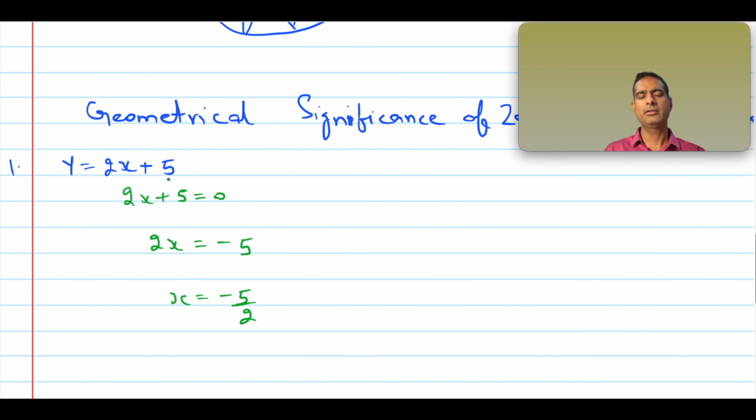So we saw that the graph of y is equal to 2x plus 5 is crossing x-axis at the 0 of that linear polynomial, and we know that its graph is a straight line, and a straight line can cross another straight line at only one given point. So we know that a linear polynomial can have at most one 0, and that point will be the point at which the linear polynomial is crossing x-axis.